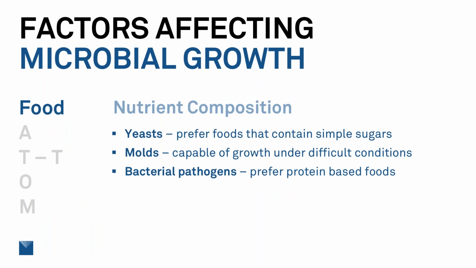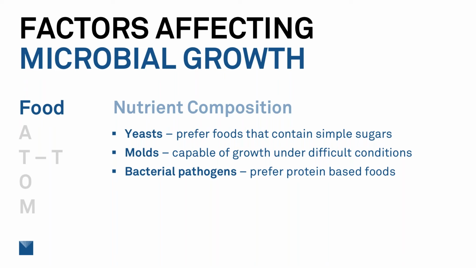So first with food, we have nutritional composition that each one of these types of microbes need. So for yeast, they prefer foods that contain simple sugars. That makes sense. That's how we get nice, beautiful bread, because the yeast eats the sugar in there and does just what we want it to, but it's not always a good thing when we have yeast growing.